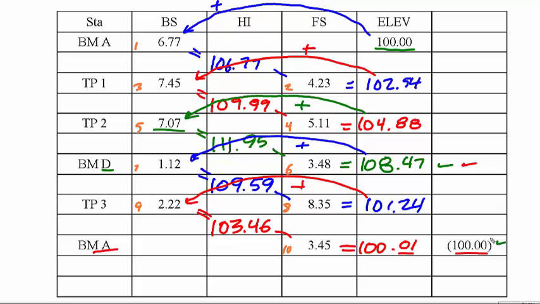All right, so this is the computational process. Remember, backsights are added and foresights are subtracted. Like we say, some people call a foresight a minus sight, and a backsight is a plus sight. HIs and elevations are the things that you compute from the rod readings. We'll show you a few more tricks about interpreting level notes in the next video.